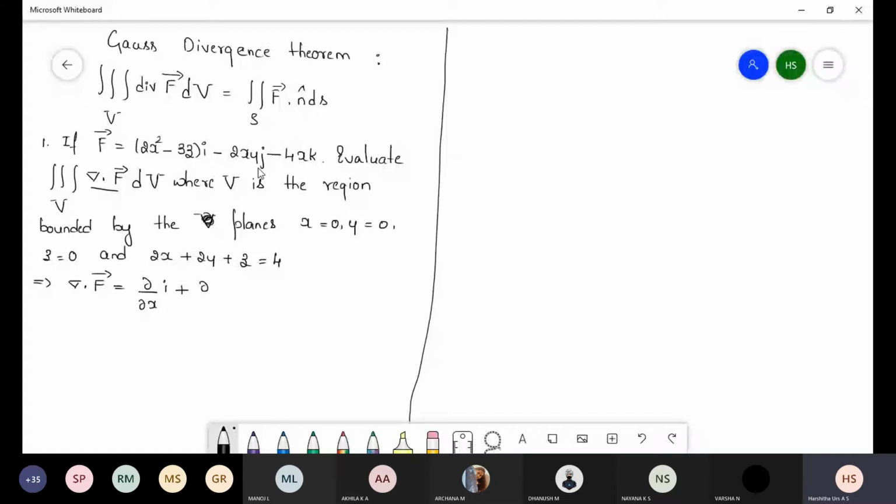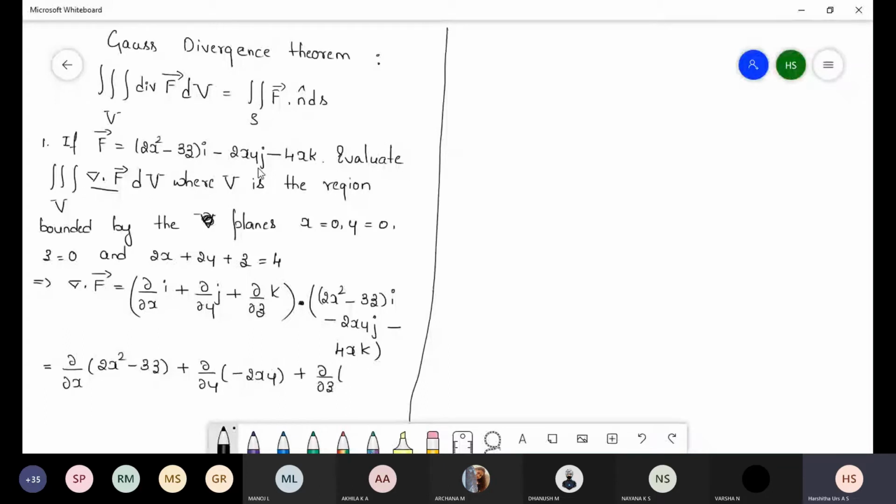Now using the dot product we have to find out the value for the del dot vector F. So here dou by dou x of i dot i is 1. So write 2x square minus 3z plus dou by dou y of minus 2xy plus dou by dou z of minus 4x, because k dot k is 1 and also in the second term j dot j is 1.